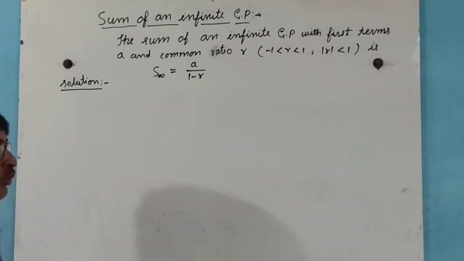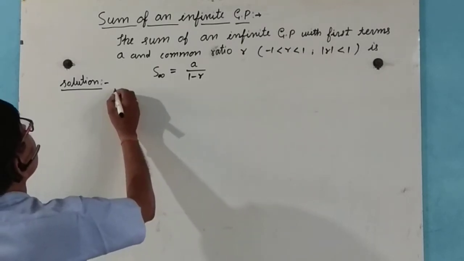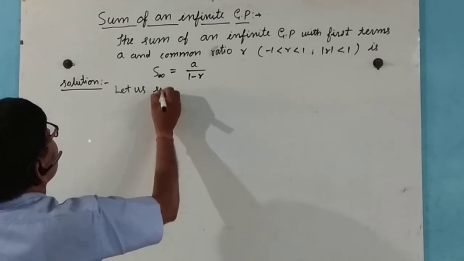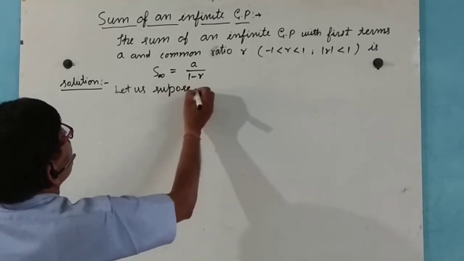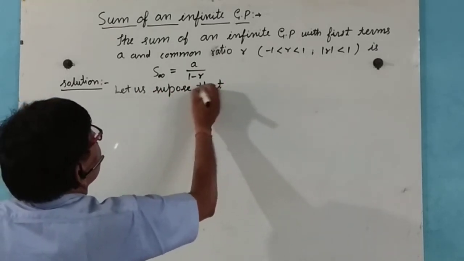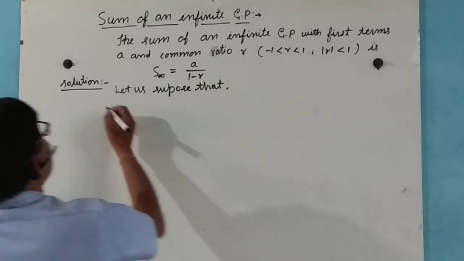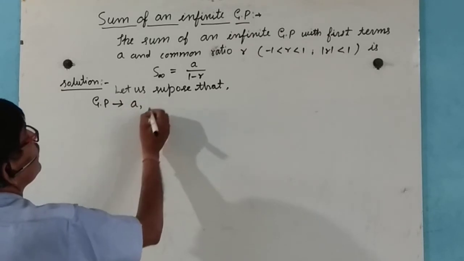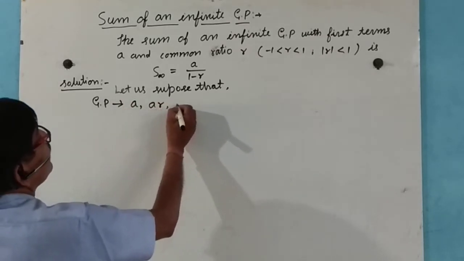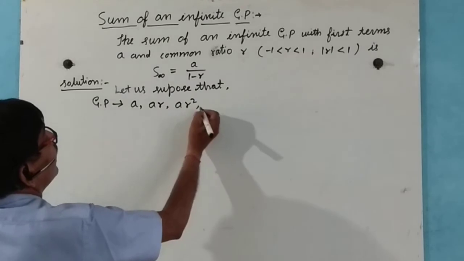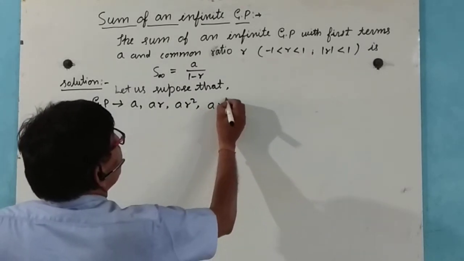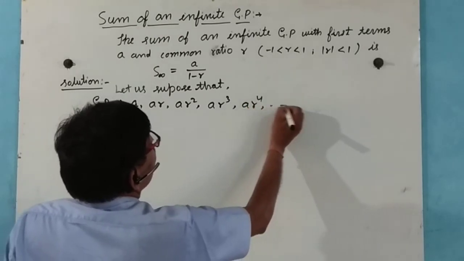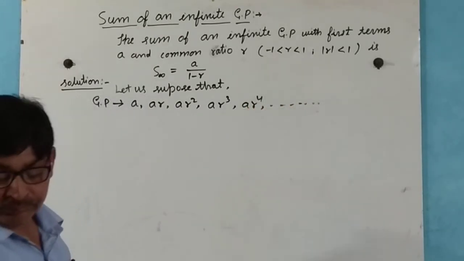Now let us suppose that the GP is A, AR, AR square, AR cube, AR to the power 4, and so on.